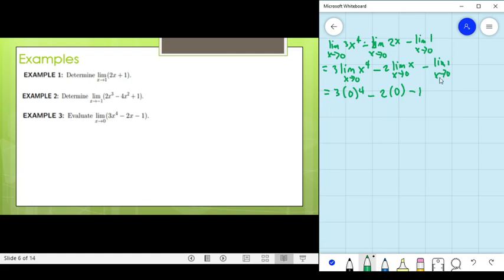It's the limit of the constant. So this is 3 times 0, because 0 to the fourth is 0, minus 0 minus 1, which is equal to negative 1. Therefore number 3, the limit of 3x to the fourth minus 2x minus 1 as x approaches 0 is negative 1.